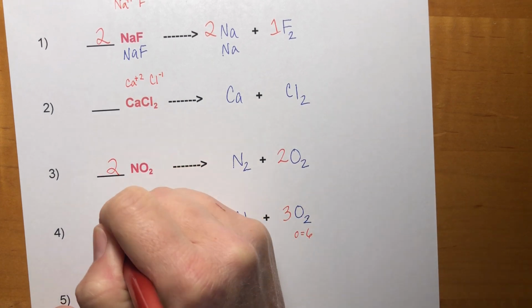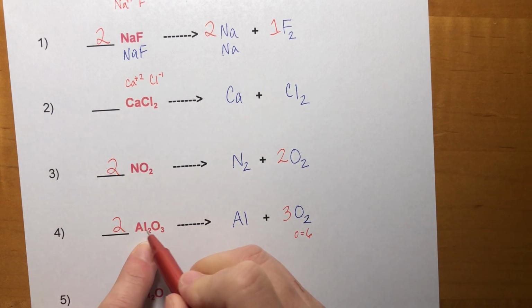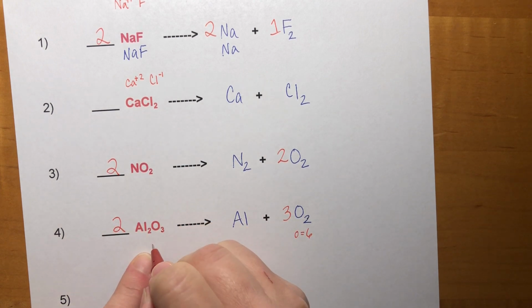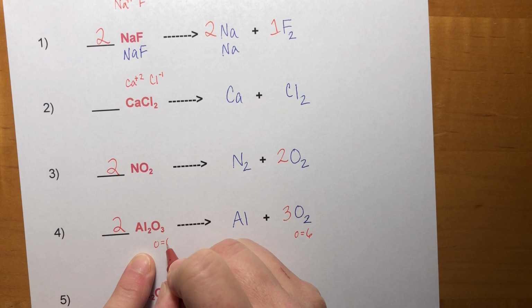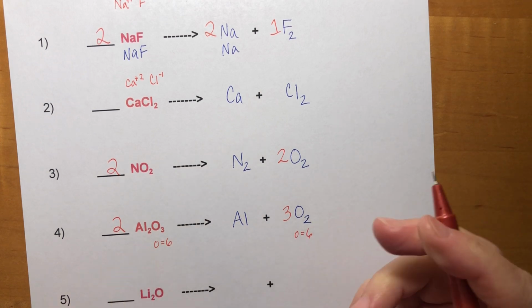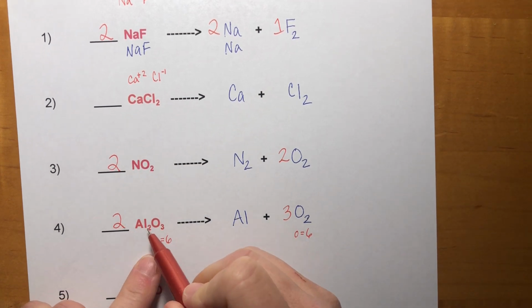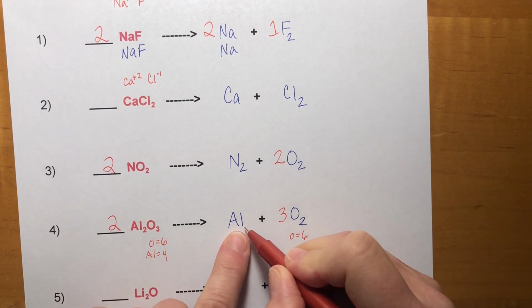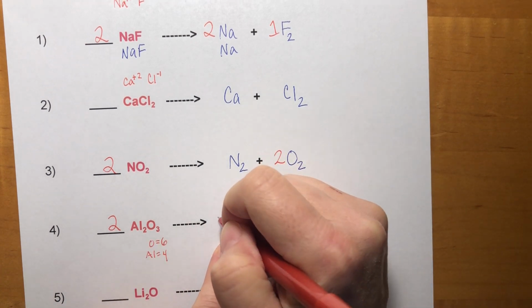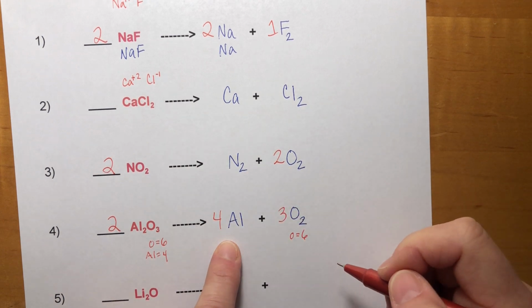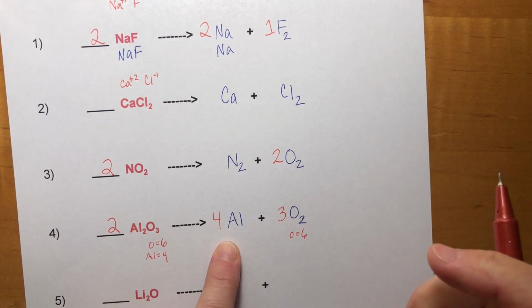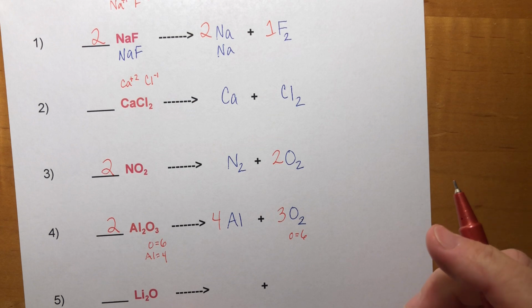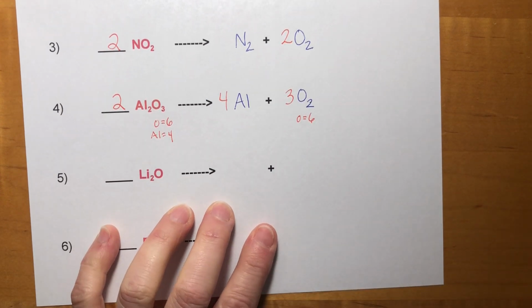And if I put a 2 here, 2 times 3 is 6. So now I have 6 oxygens. So what did that do to my aluminums? 2 times 2, I have 4 aluminums. And how do I get 4 aluminums here? Put a coefficient. So there we are. Balanced. Okay.